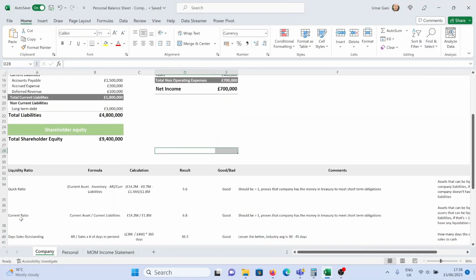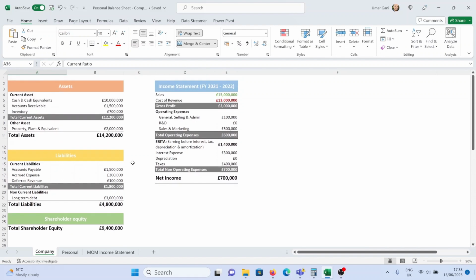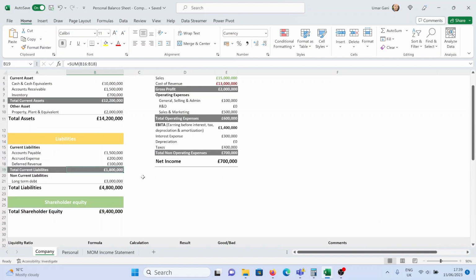Secondly, the current ratio is here. The current ratio is basically current assets divided by current liabilities. Here the current assets are 12.2 million, divided by current liabilities of 1.8 million. The slight difference is that here we take into account even the inventory and the AR, which cannot be liquidated immediately.